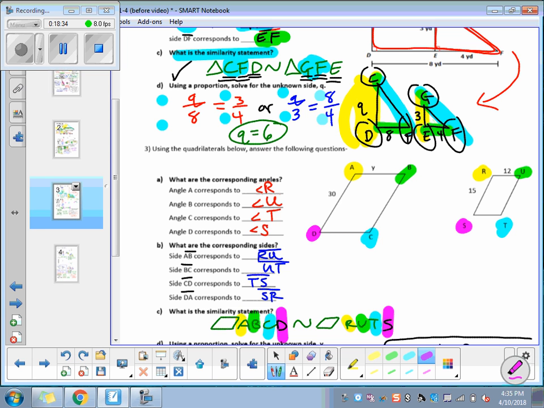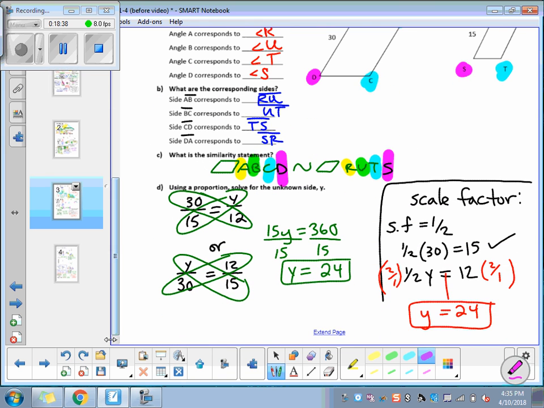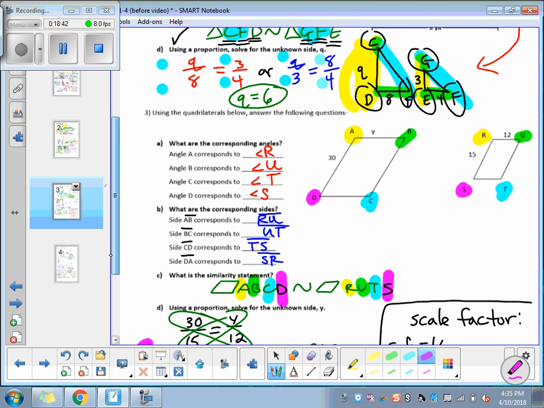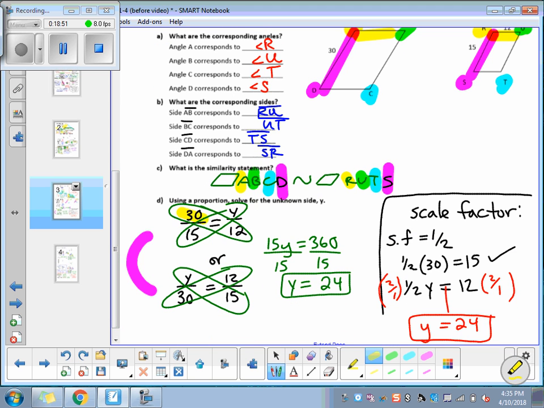Now, pointing out again, it doesn't matter to me which one of these proportions you are more comfortable with. Some of you see that 30 matches up with 15, and that Y matches up with 12.